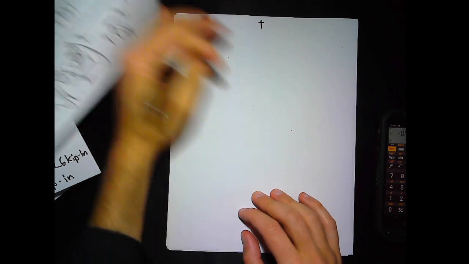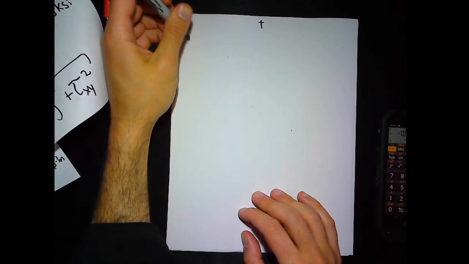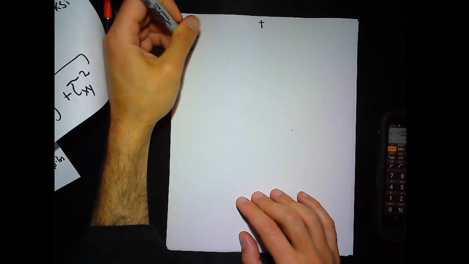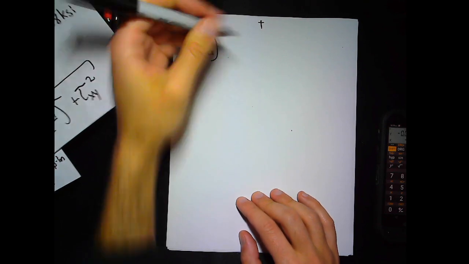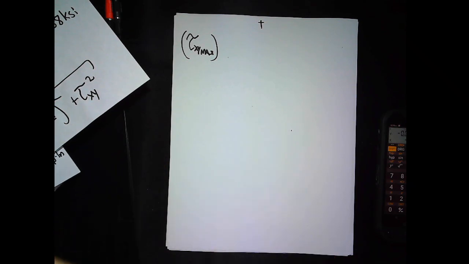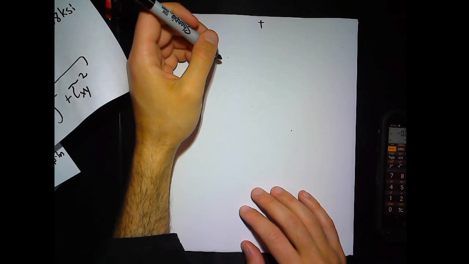So one at a time, it looks something like this. So this would be tau max at F, let's say. So this would be the center of the beam.